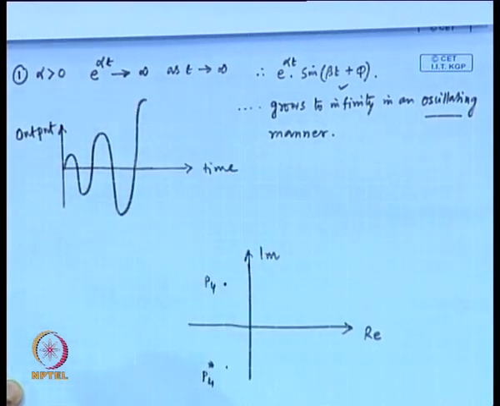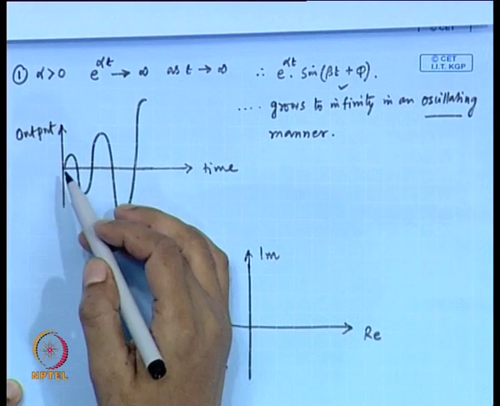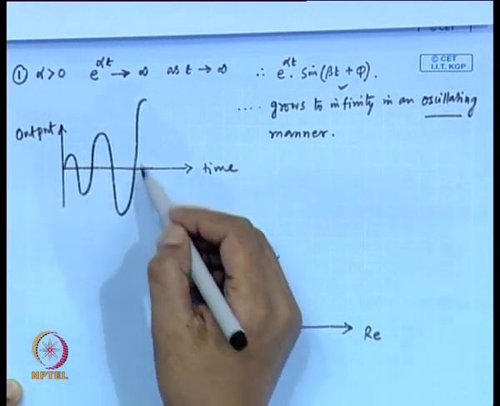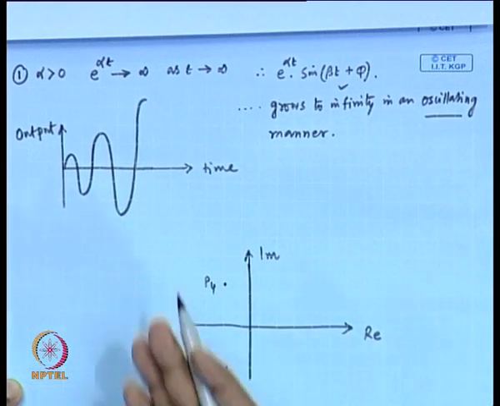Initially the process was at steady state, fine. Now, we have introduced some input change, then the output responds in this manner, it is going towards infinity. So, it is obvious that if alpha is greater than 0, the system has an instability problem, fine.